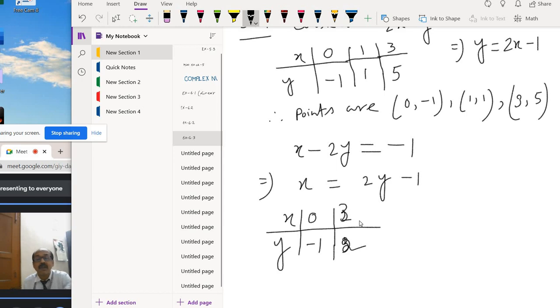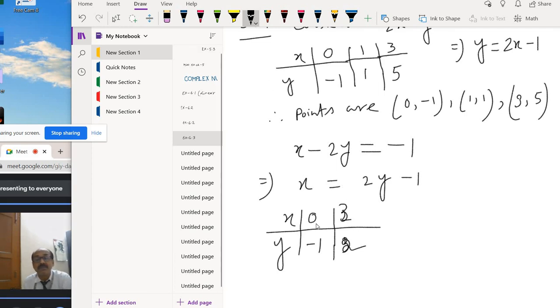And the first one we are taking is y equal to 0, then x equal to minus 1.